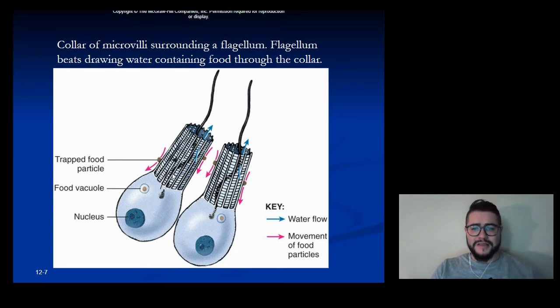And what happens is the water current forces little food particles to get trapped in this little surrounding area of the sponge, in this little mesh area. Then the cell can take in those trapped food particles, put them in a food vacuole, and transfer that into its body. So that's how it gets its food. It filters out water with these choanocytes.